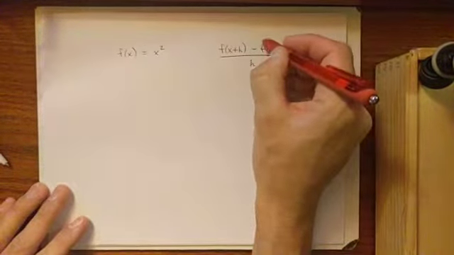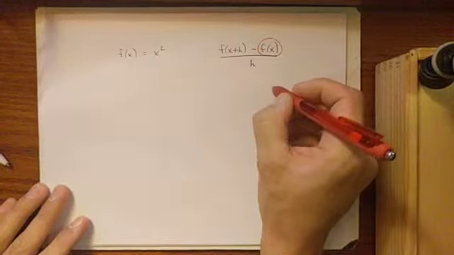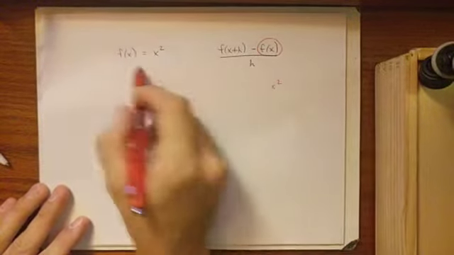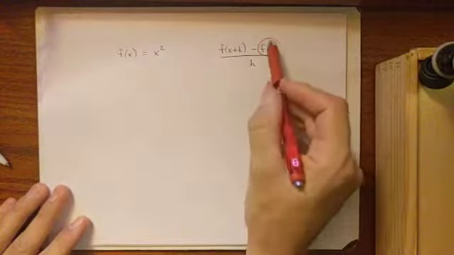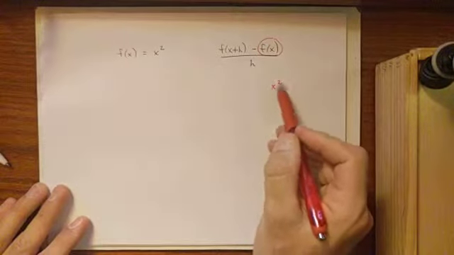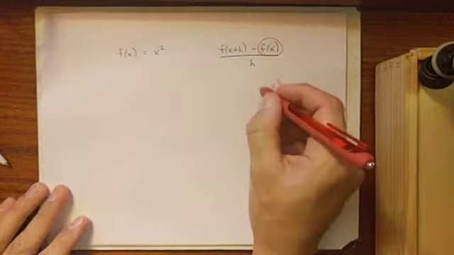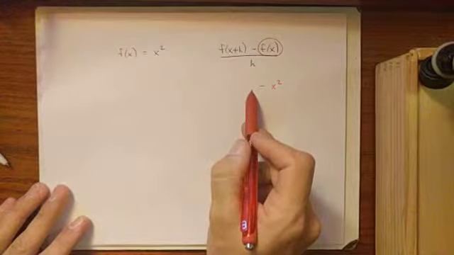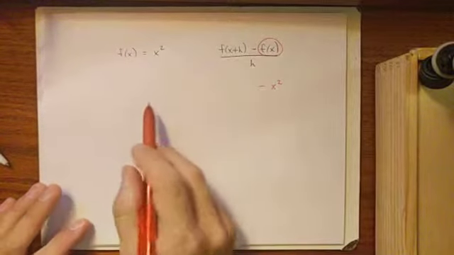So first off, I know what this is. This is x squared. You can see that, right? f of x equals x squared. So in the place of f of x, I'm going to put what the function actually is. And I'm going to subtract that from something else that I'm going to calculate over here.